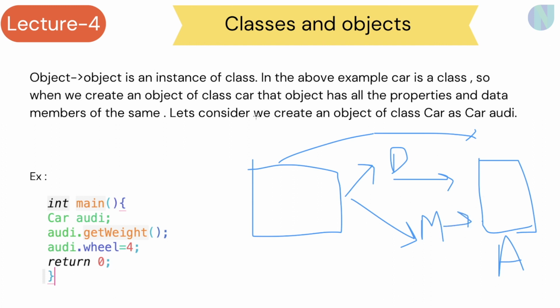So we create an object of class car as car Audi, and we get all the properties and data members. This is the beauty of classes and objects: if we make any class, then whenever we make an object, we get all the data members and all the functions. So this was all about classes and objects in this lecture.